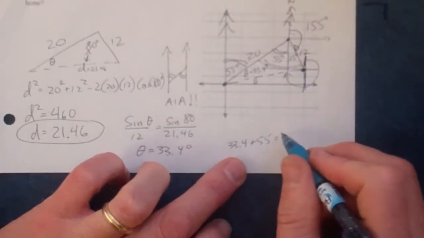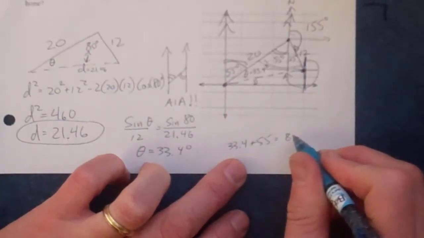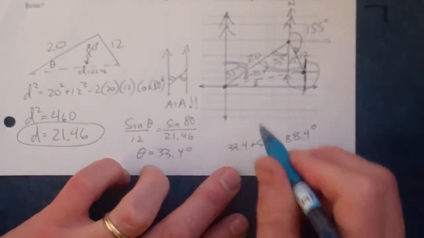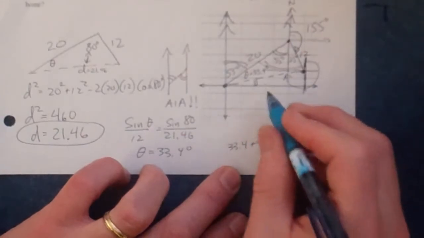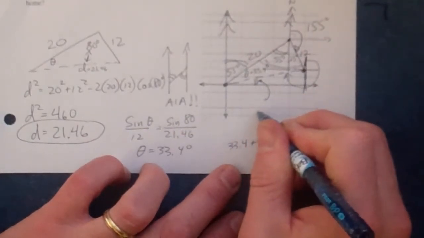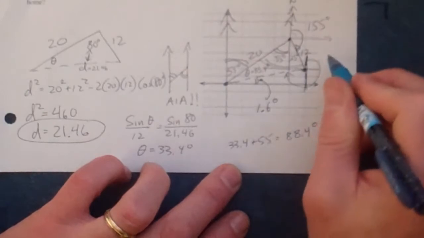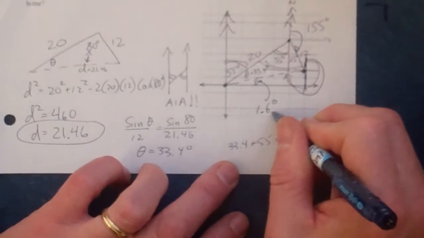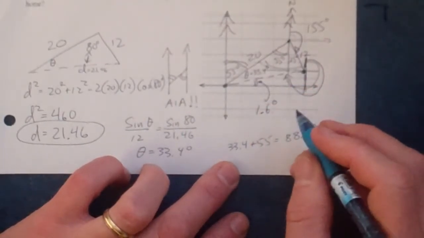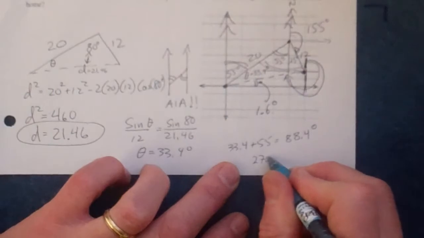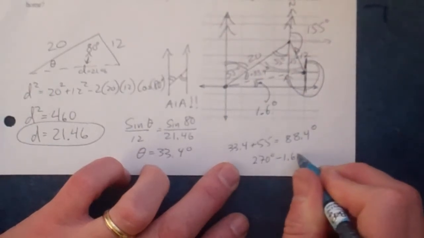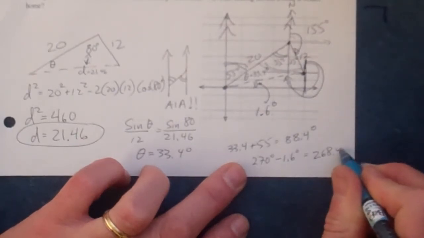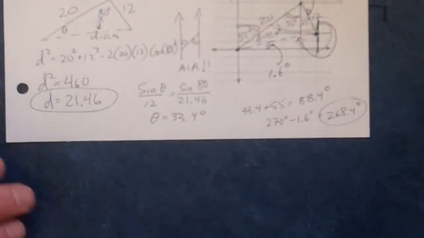That equals 88.4 degrees. And so that is just the thinnest sliver that's left over right here. That's only 1.6 degrees right there. So from the north, I go all the way around, and I'm just 1.6 degrees less than heading straight west. So 270 degrees minus 1.6 degrees equals 268.4 degrees. So that is my bearing.